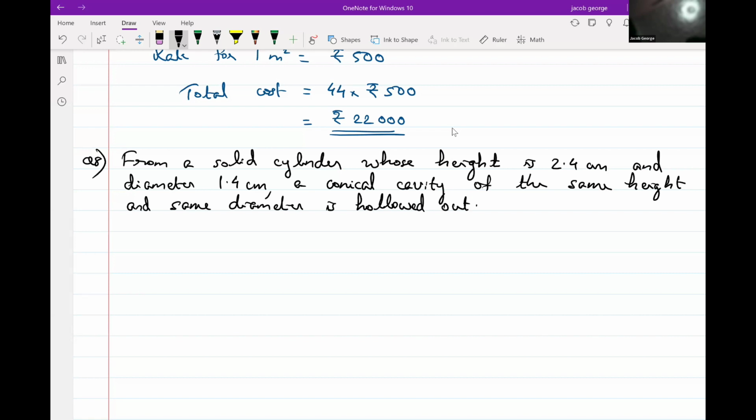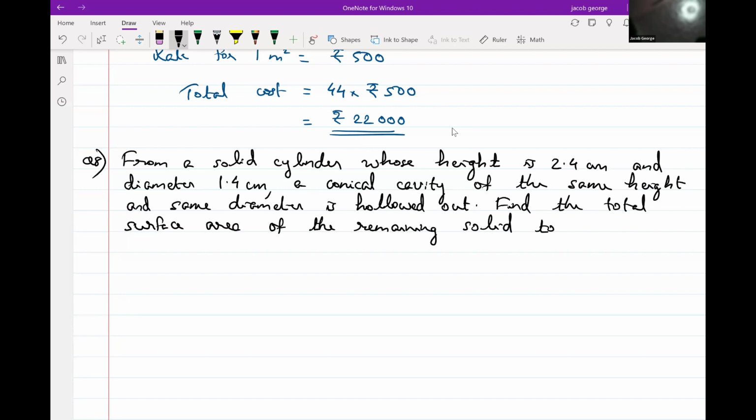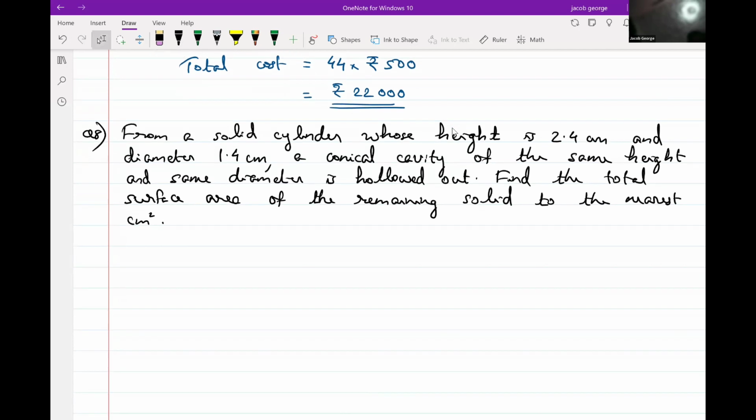Find the total surface area of the remaining solid to the nearest centimeter square.